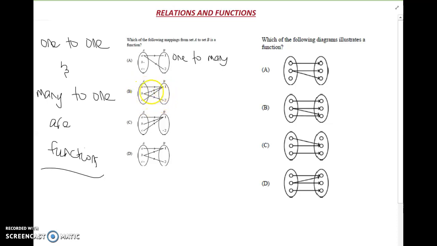So we have many to 1 and 1 to many. So this is actually many to many. This one here, we have A, B, and C all go into 1 from set B. So this is a many to 1. And we could actually stop right there because we got it. Many to 1 is a function. That's it, right?